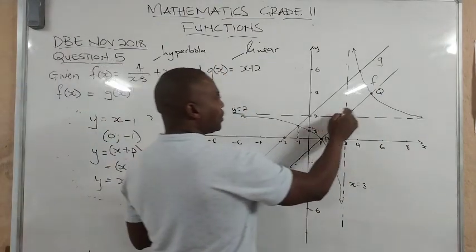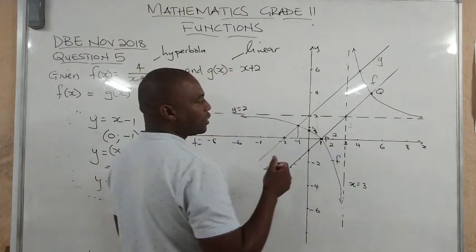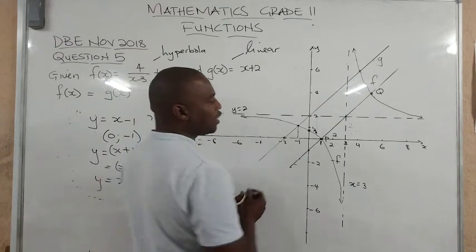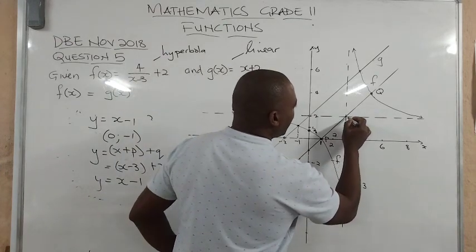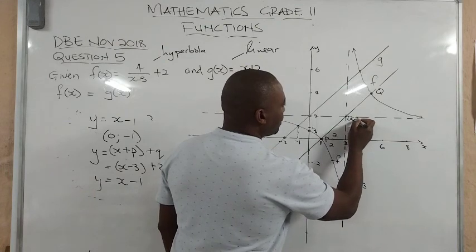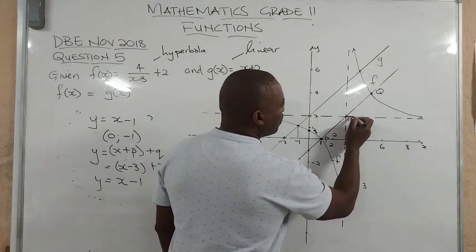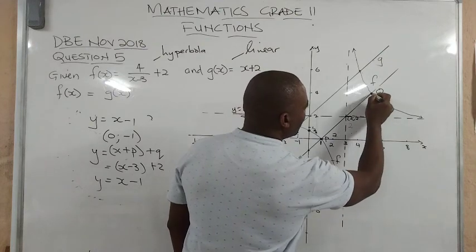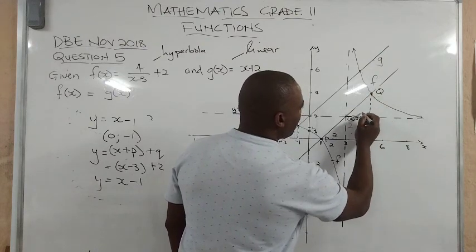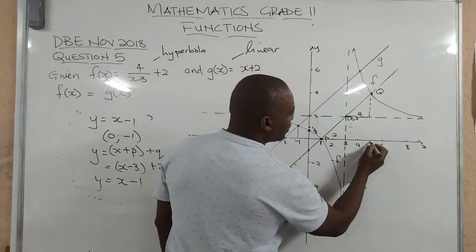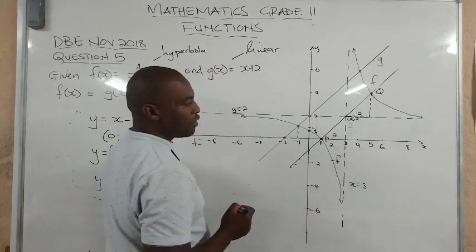So to get to Q, we are going to move the same number of units horizontally and vertically. So here, remember, the coordinates are (3, 2). So we are going to move 2 units to get right below Q. 2 units from 3, that means we get to 5.